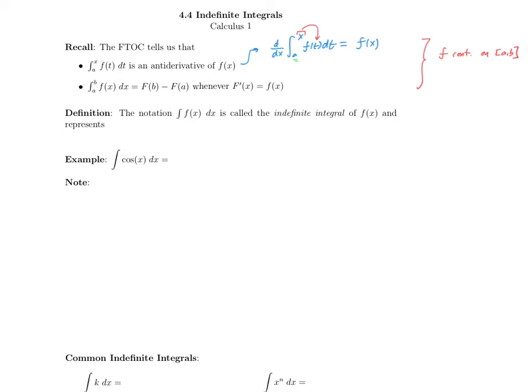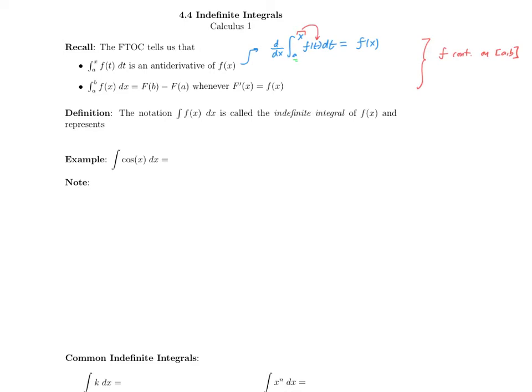Up to this point, our notation for dealing with antiderivatives has been a bit cumbersome. That is to say, it's not always convenient having to think in terms of little f's and big F's. What the indefinite integral is going to do for us is allow us to have more convenient notation to represent these families of antiderivatives.